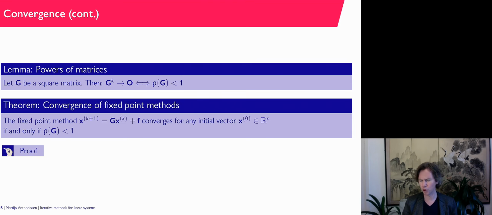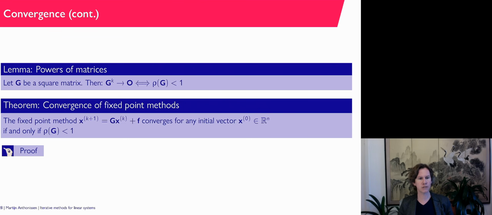So if you think about numbers, it always helps to look at very small examples. If you have a 1 by 1 matrix, then it says that powers of that number will go to 0 if the number, well, the spectral radius for a 1 by 1 matrix, that's going to be the absolute value of that number, is less than 1. So if you have a number in between -1 and +1 and you take powers, it goes to 0. So that makes sense.